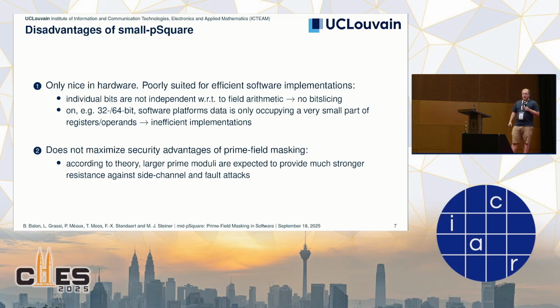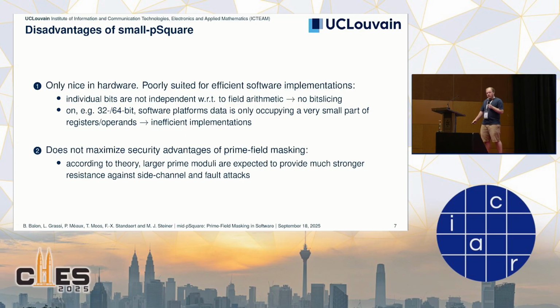Because the individual bits in my field elements are not independent with respect to field arithmetic, like you would have for Boolean masking, for example, or binary operations. And therefore you cannot do bit slicing, which takes a lot of efficiency away because you cannot exhaust the register width properly. You only fill a small part of the registers, which leads to quite inefficient implementations.